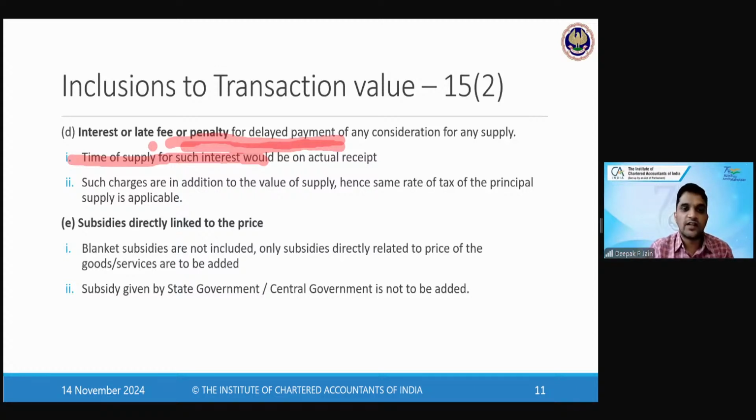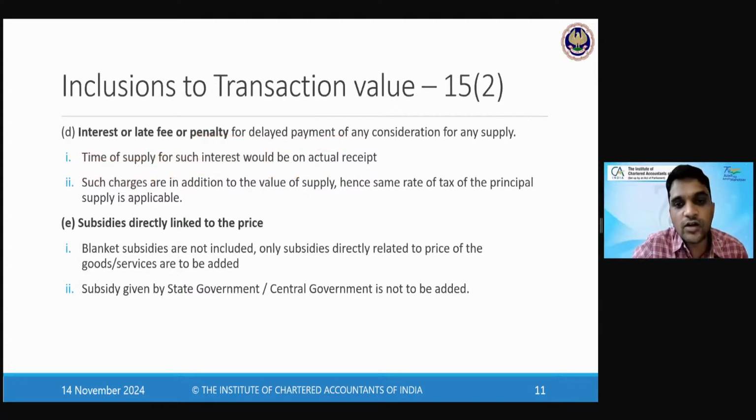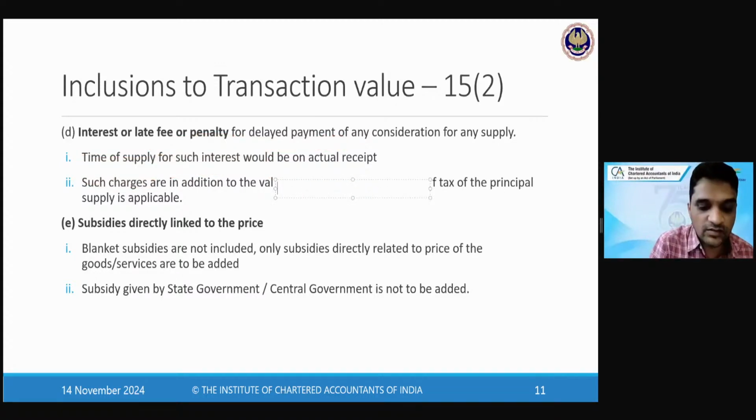Now, such charges are in addition to the value of supply, hence the same rate of tax as the principal supply is applicable. Okay. So, generally, interest will be at a different rate because it is generally at the general rate of 18%. Now, the value of the goods you supply will be at, say, 5%. So in that case, what will be the GST rate is the question. So you are selling steel.